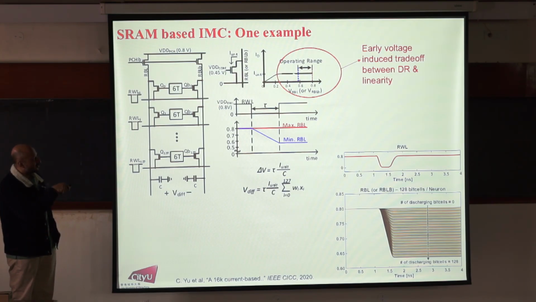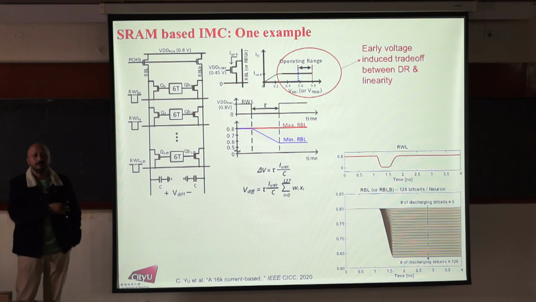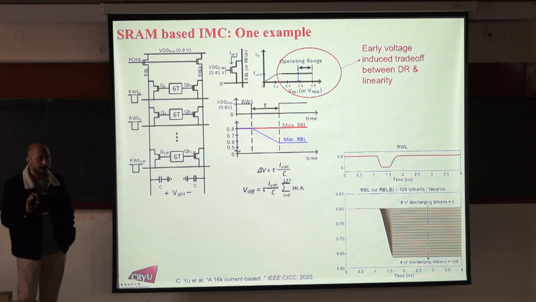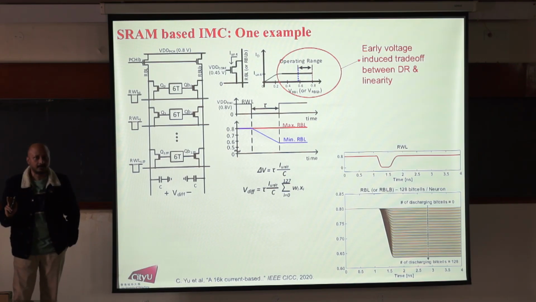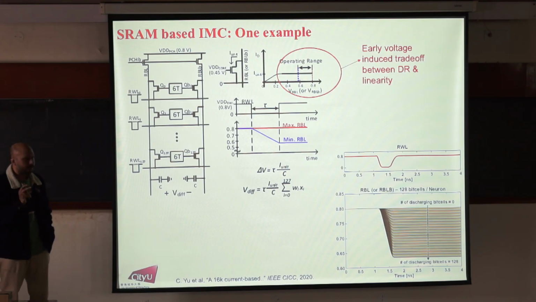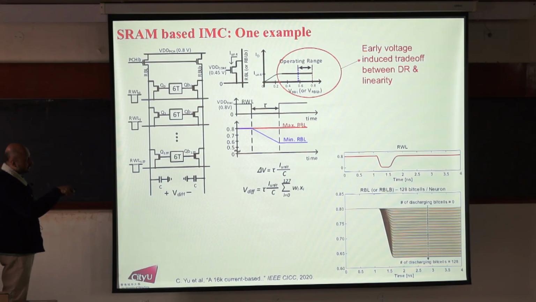We are showing that around 200 millivolts is basically the dynamic range that you have for this particular case, whatever accuracy they wanted. After that, the current has changed so much that you cannot treat this as a constant current source anymore. Okay? So your accuracy of computation is going to take a hit. So this is the maximum read bit line where nothing is discharging. This is the minimum read bit line, so about 200 millivolts.